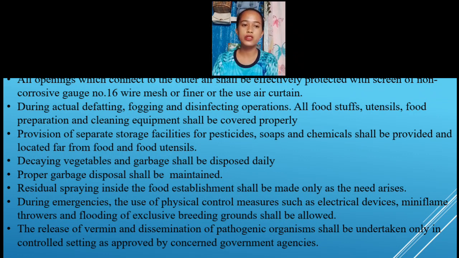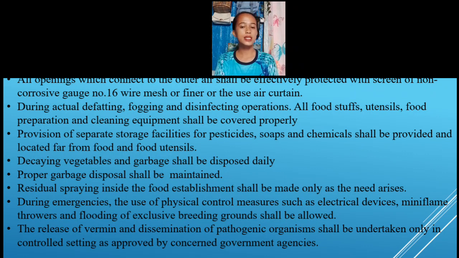Next is the provision of separate storage facilities for pesticides, soaps, and chemicals shall be provided and located far from food and food utensils. So ito, kailangan natin i-separate yung mga pesticides na ginagamit natin, so mga soaps, yung mga chemicals, sa ating mga food or food utensils. And then, decaying vegetables and garbage shall be disposed daily.